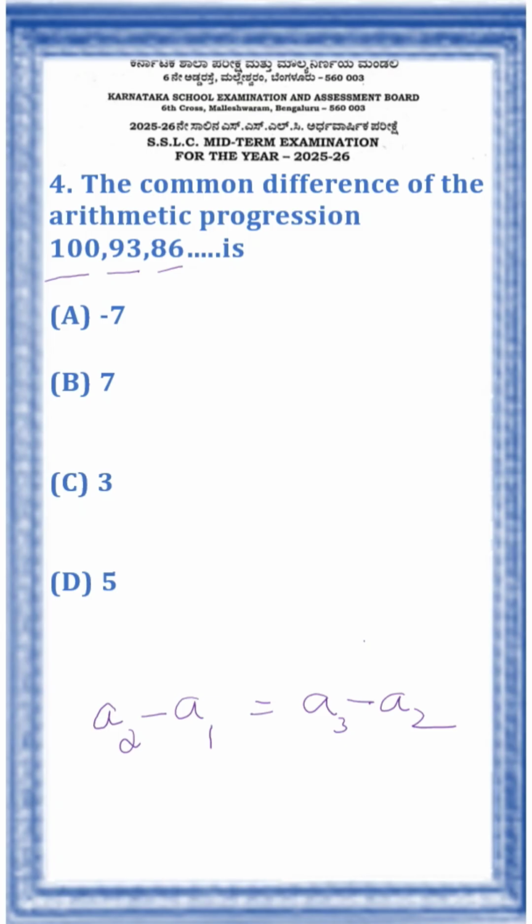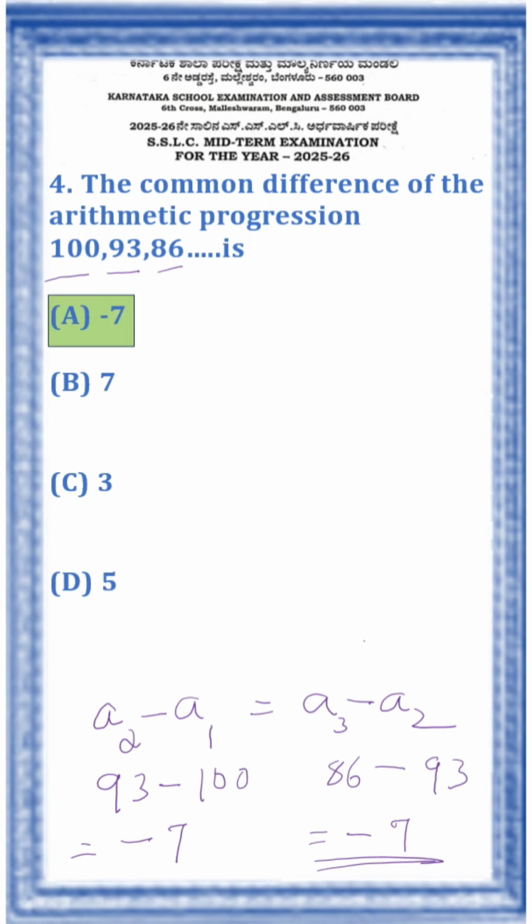Here the second term is 93, the first term is 100, so this is equal to negative 7. Here 86 minus 93, that is equal to negative 7. So the correct option is negative 7. Option A is correct.